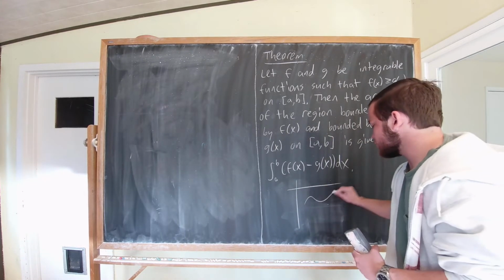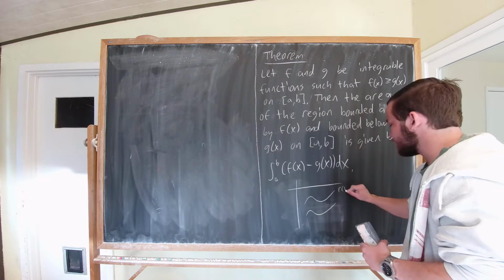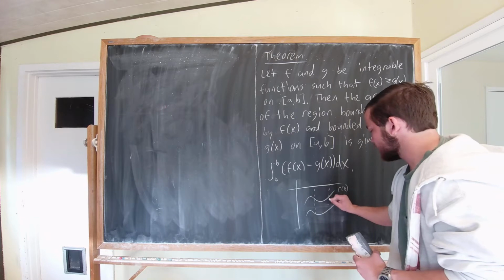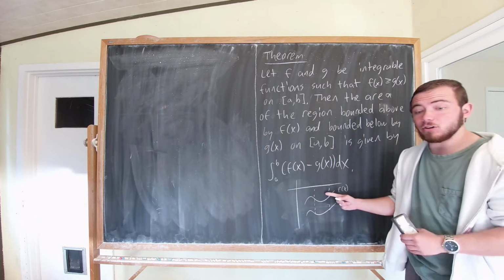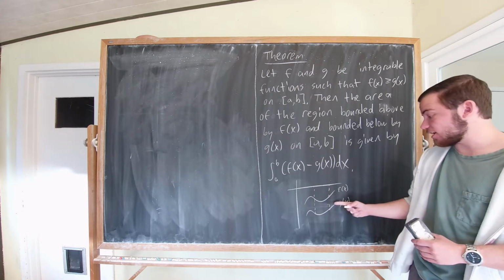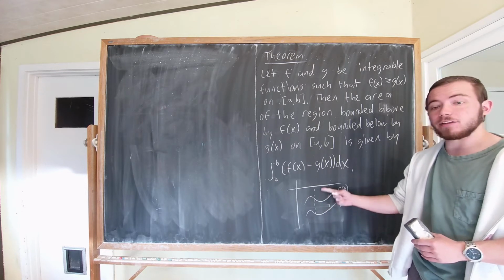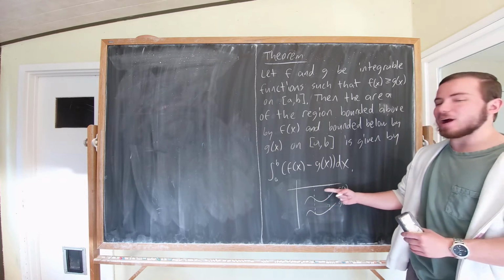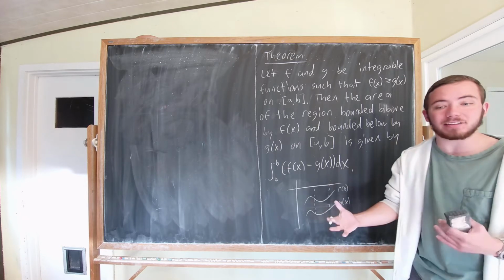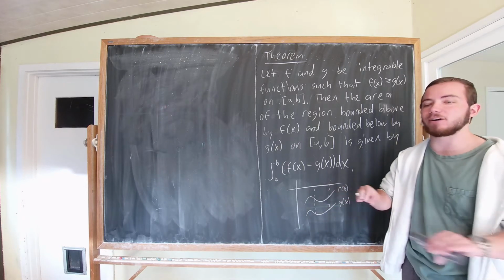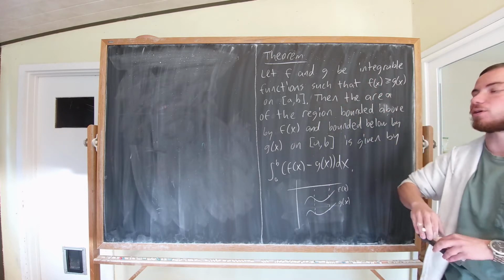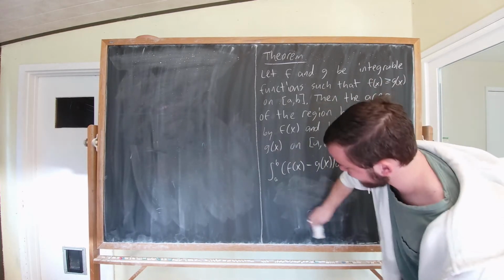If you have just two negative functions, f of x and g of x, and you were trying to find, say, this area here, the integral of f of x would measure negative this, and then the integral of g of x would measure negative this whole thing. So if you subtract the whole thing from that, you'd end up with positive this. So it all works out. Basically, you can work with this no matter whether your functions cross the x-axis or not. It's a very good theorem.